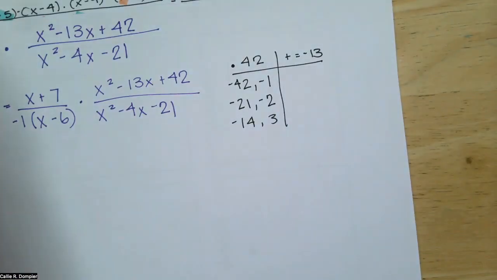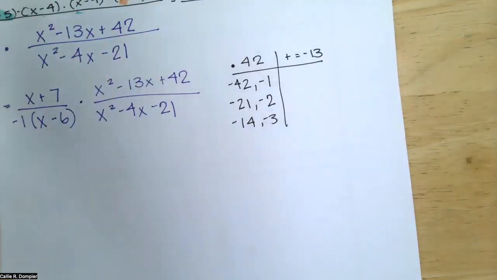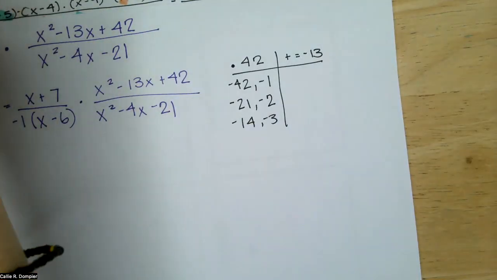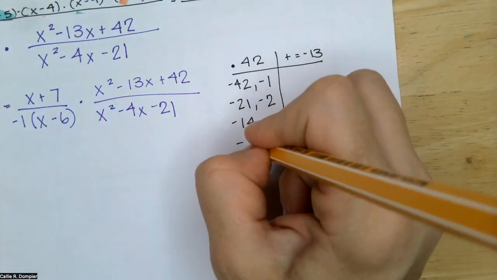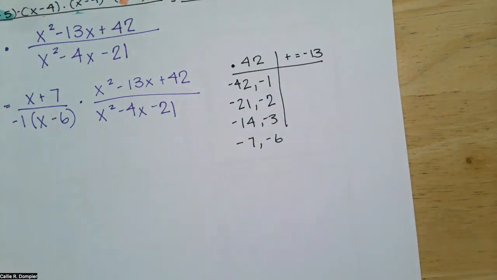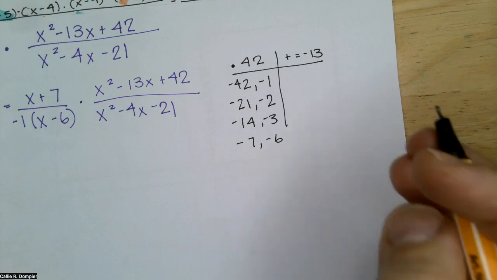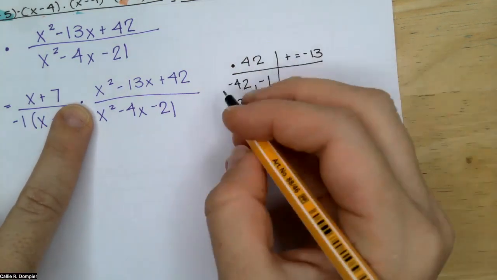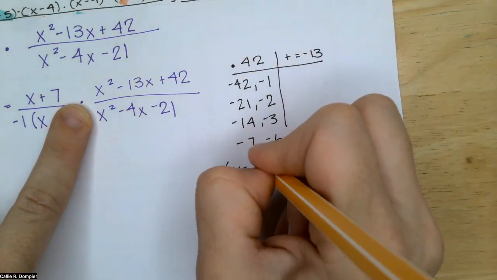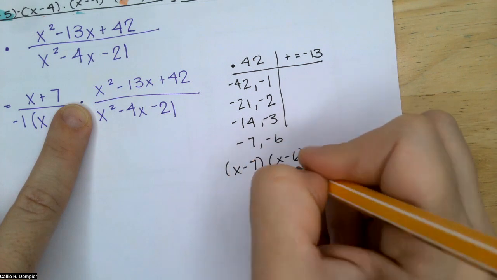Do any of those add to 13 yet? 42 divided by 6, 7. Does that one work? Yeah, that one works. So this becomes x minus 7 times x minus 6.